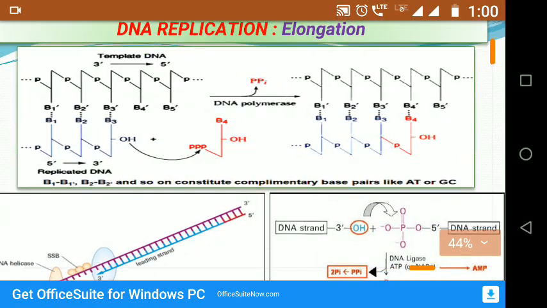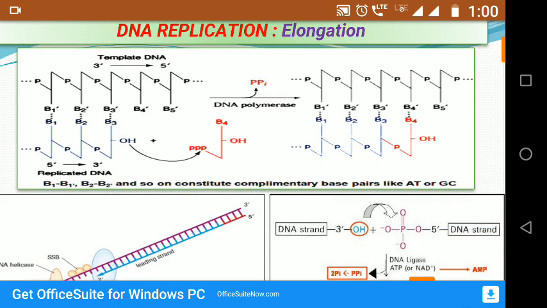So in the elongation of DNA replication, elongation is nothing but the synthesis of a new DNA strand on the old strand. The old strand is now called a template strand. A template strand is a guiding strand on which a new strand is formed that guides the nucleotide sequence on the new strand.